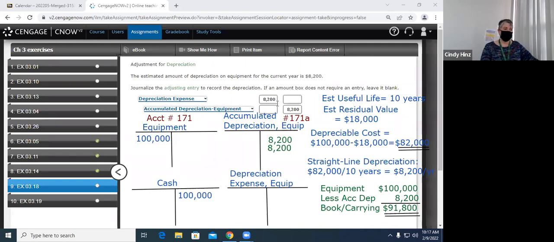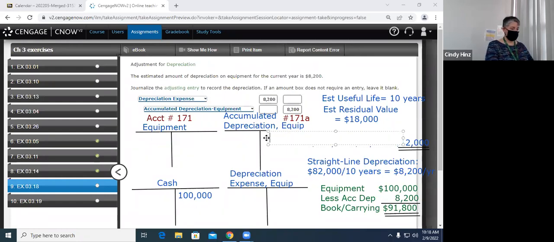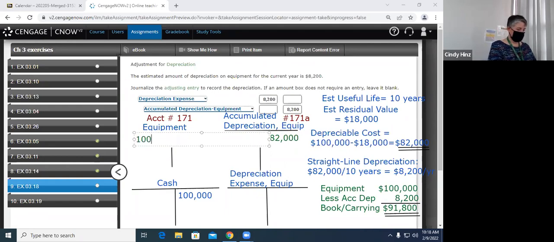So at the end of 10 years, the balance in that account would be 82,000. 10 years at 8,200. And at the end of 10 years, the book value or carrying value for that equipment would be $18,000.